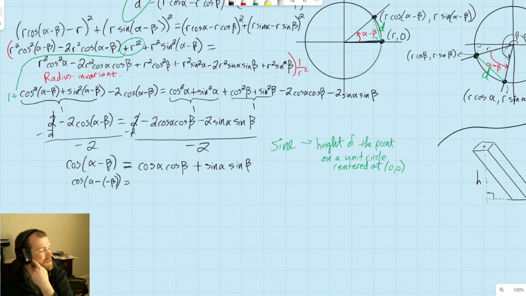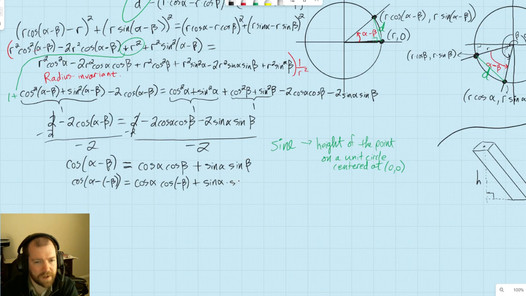Yes, if you frame it correctly, yes. All right, so then here, if we change beta to negative beta, this allows us to have cosine of alpha times the cosine of negative beta plus the sine of alpha times the sine of negative beta.